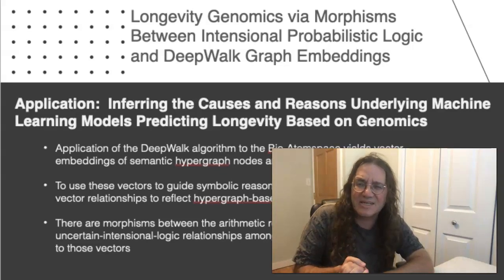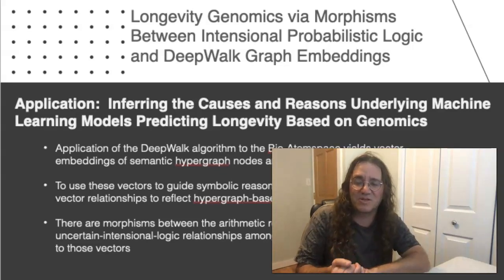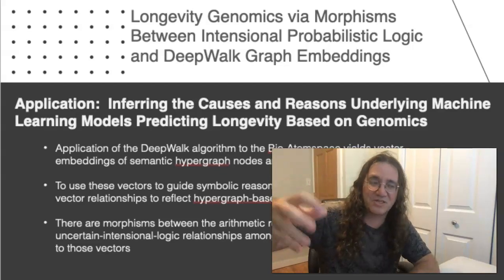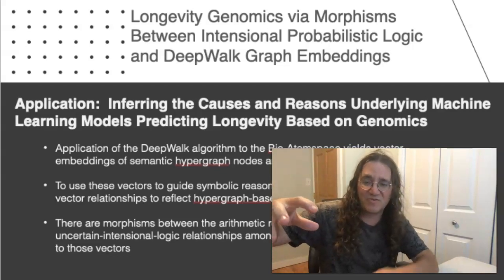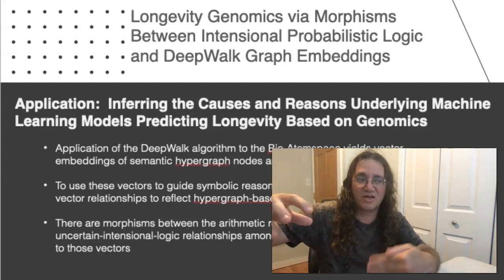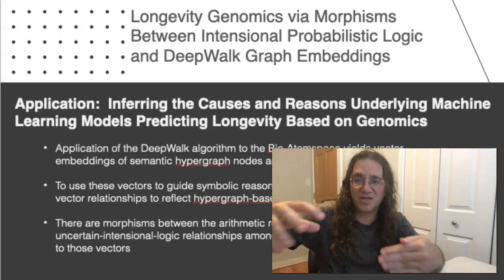In a category theory sense, you could say we're building morphisms between the PLN, probabilistic logic network, semantic knowledge graph and the embedding vectors, between the algebra on the knowledge graph and the algebra of the embedding vectors.